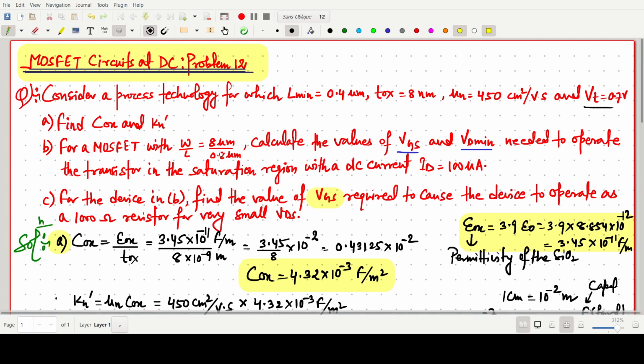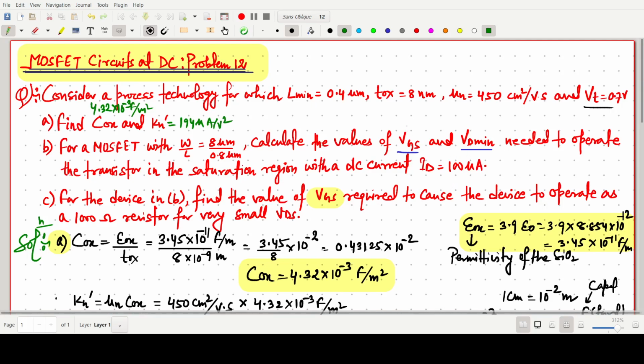So we can write here also the COX value is 4.32 into 10 to the power minus 3 farad per meter square. Kn' value will be 194 microamp per volt square.